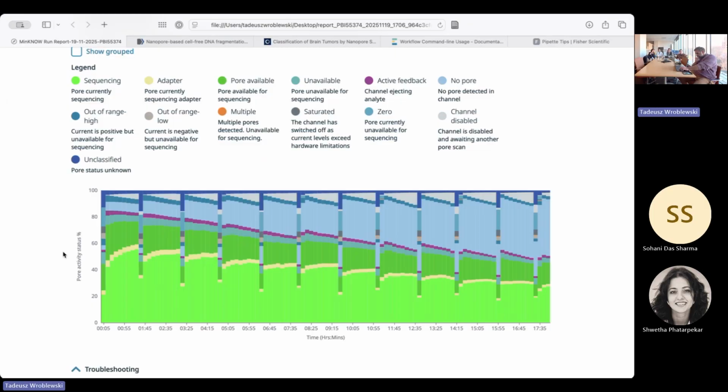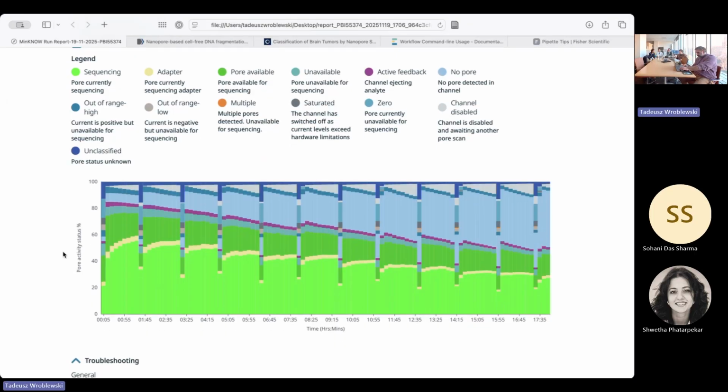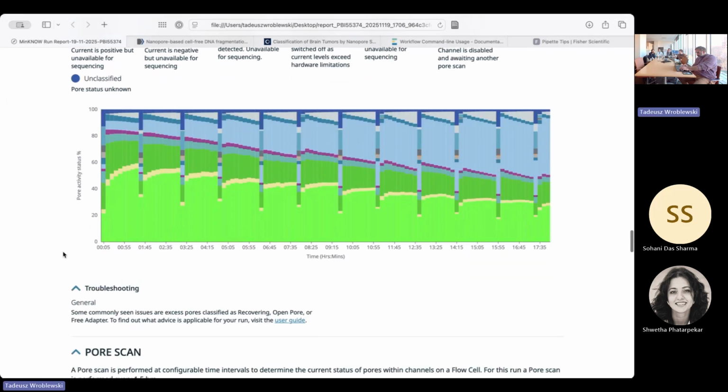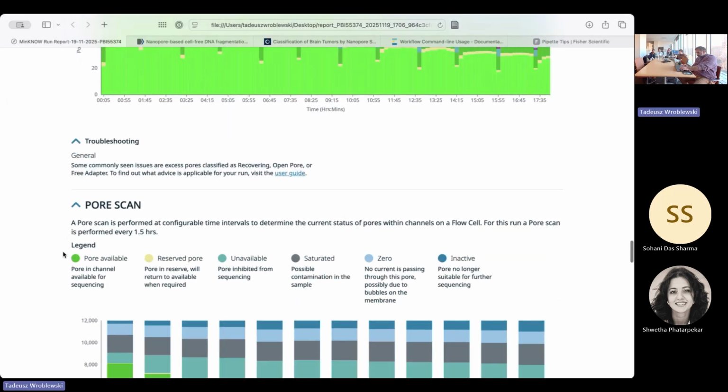That phenomenon is called mux scan. That's how we set it up. I think we can do it every 1.5 hours. That is also okay. I remember yesterday when we were doing it, by default it was 1 hour, so I did not change it. I think that should be okay as well, right?